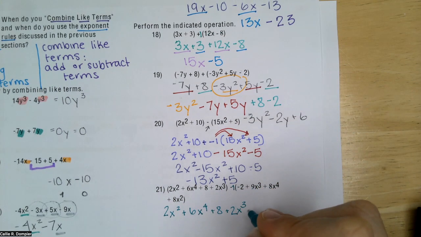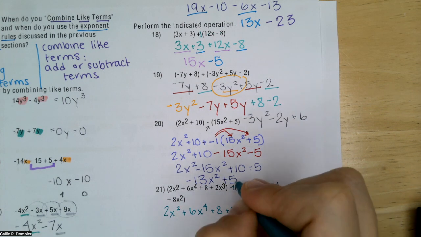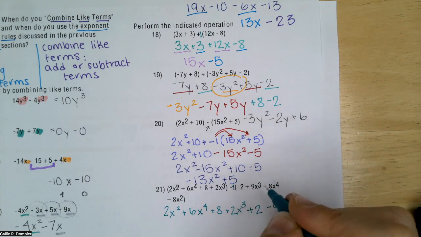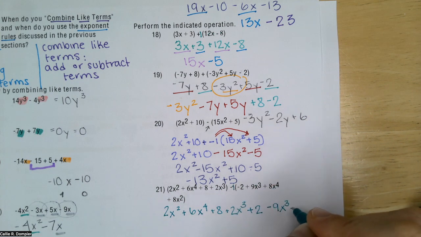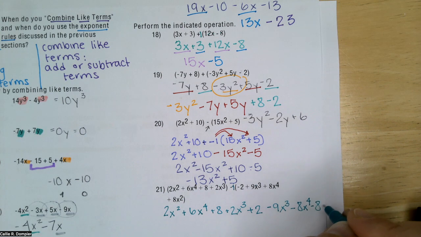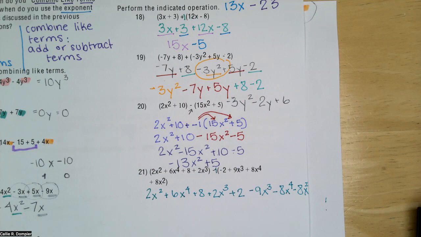-1 times -2 is going to be +2. -1 times +9 is going to be -9. -1 times a positive 8x to the 4th is going to be a -8x to the 4th. And then a -1 times a positive 8x squared is going to be -8x squared. Okay?